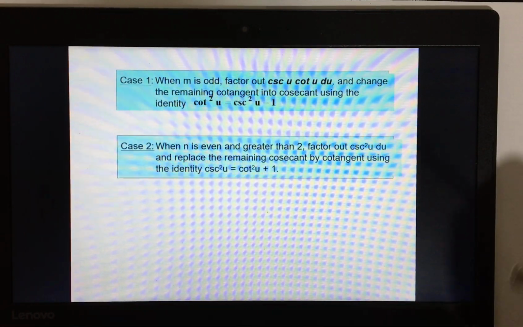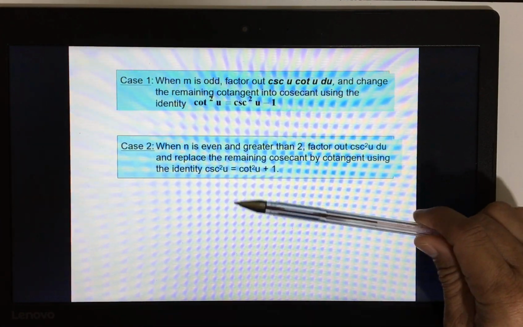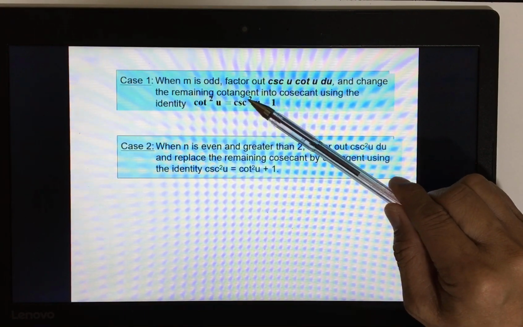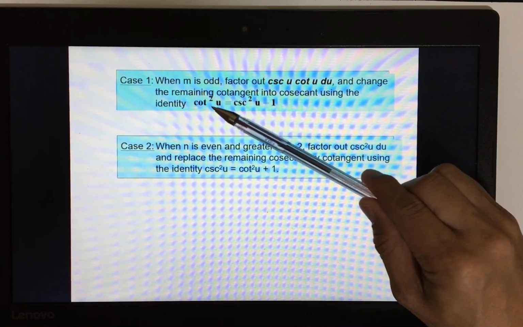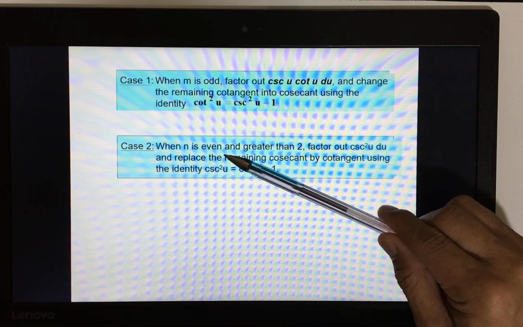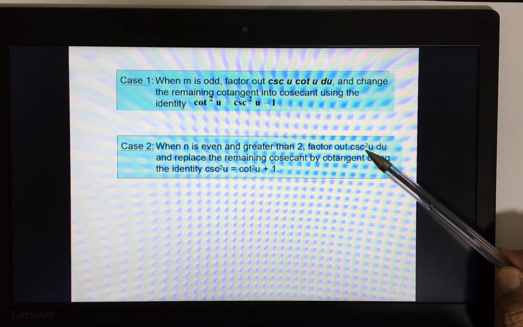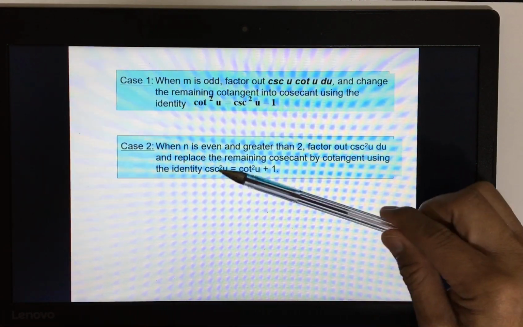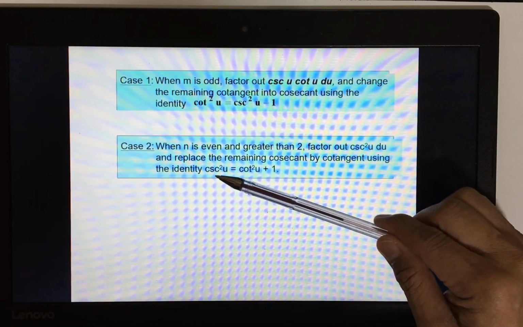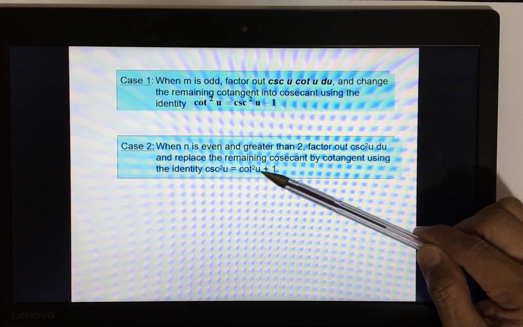And then for case 2, so when n is even and greater than 2, take note class, n is the exponent of cosecant, alright, m is the exponent of cotangent. So when n is even, meaning the exponent of cosecant is even and greater than 2, then we have to factor cosecant squared u du, and then we have to replace the remaining cosecant by cotangent using this identity, cosecant squared u equal to cotangent squared u plus 1.